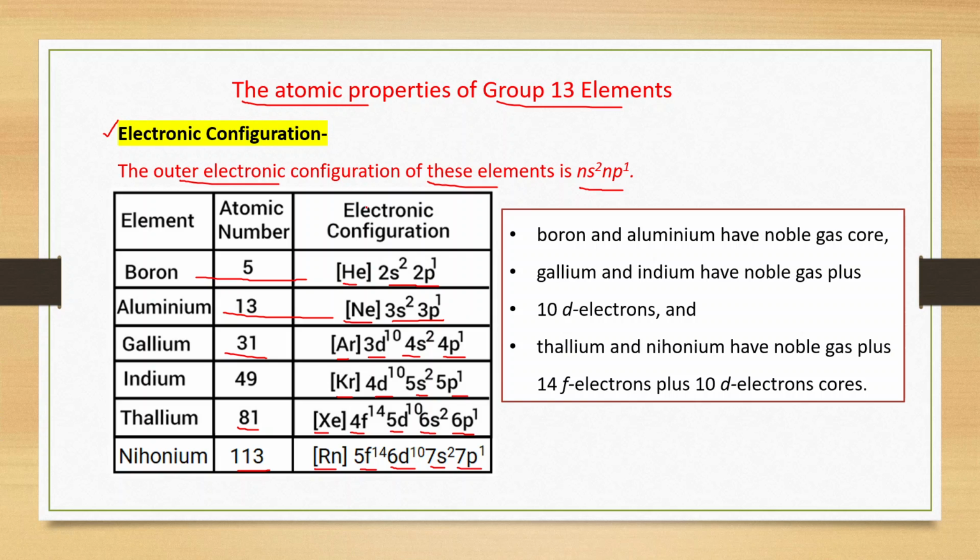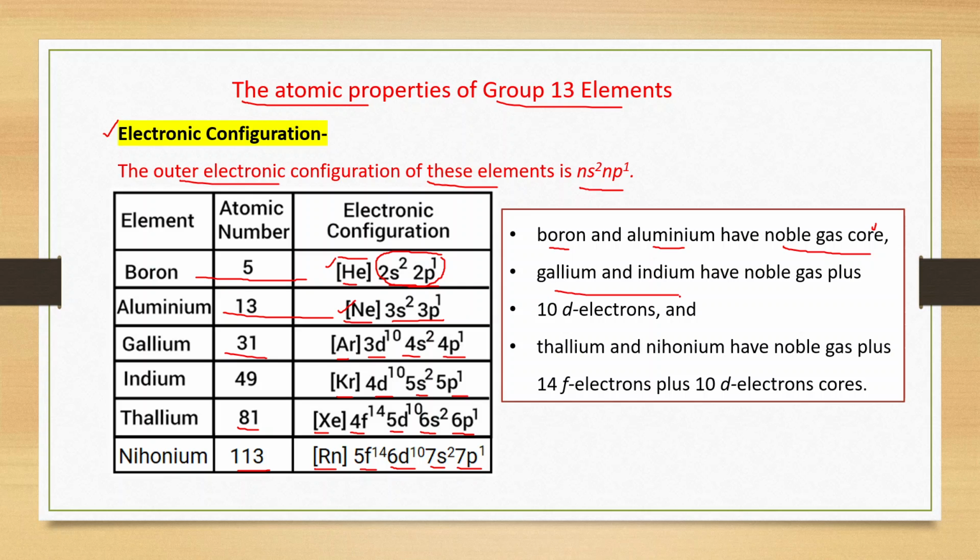If you analyze the electronic configuration, boron and aluminium have a noble gas core. Core means inner electrons; this is the outermost electronic configuration, and this is called the inner core. So boron and aluminium have a noble gas core like helium and neon.